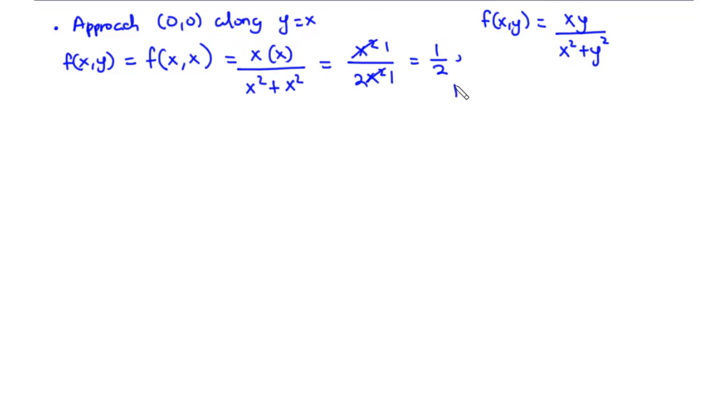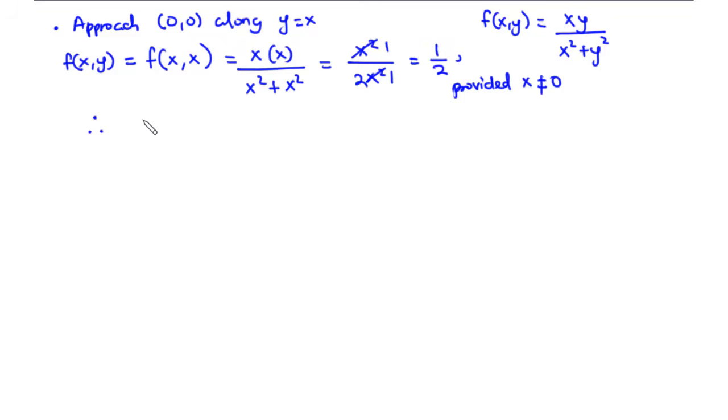That is provided that x is not equal to 0. As usual, if x is equal to 0, the numerator becomes 0, the denominator becomes 0, and this is indeterminate. So along y equals x, you realize that we have the limit to be 1 over 2.